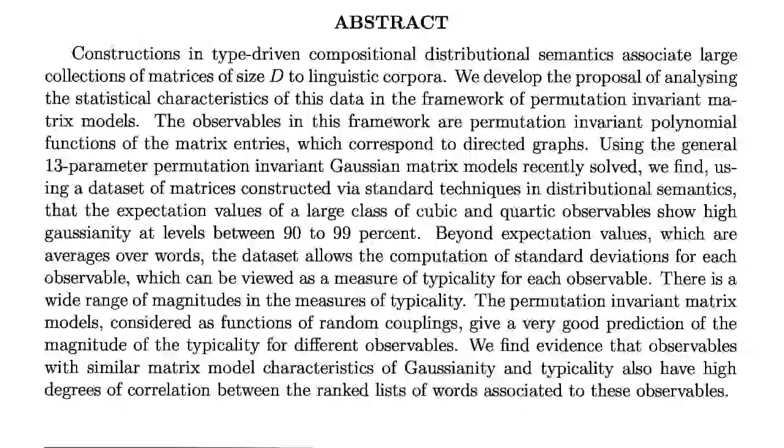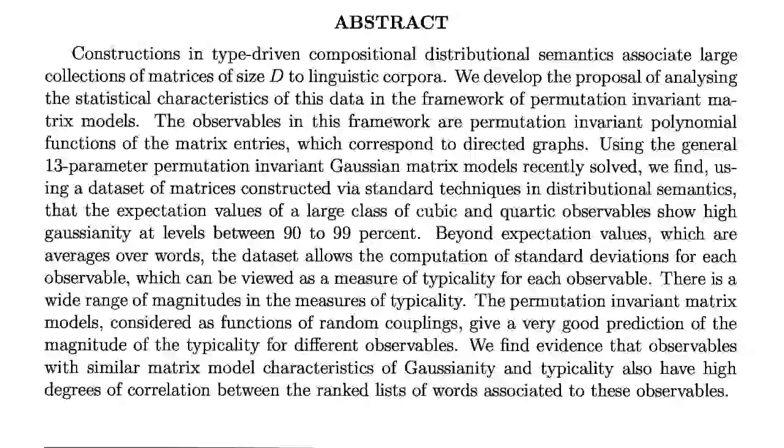Using the general 13-parameter permutation invariant Gaussian matrix models recently solved, we find, using a dataset of matrices constructed via standard techniques in distributional semantics, that the expectation values of a large class of cubic and quartic observables show high Gaussianity at levels between 90 to 99%. Well, I have no idea what that means. Hopefully it'll become clear when I read the paper.